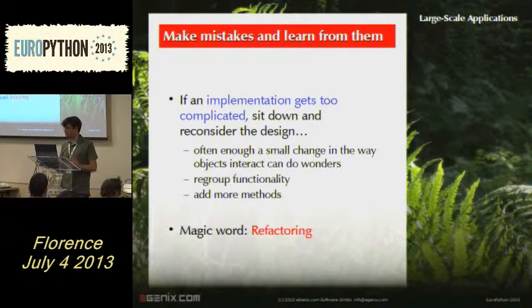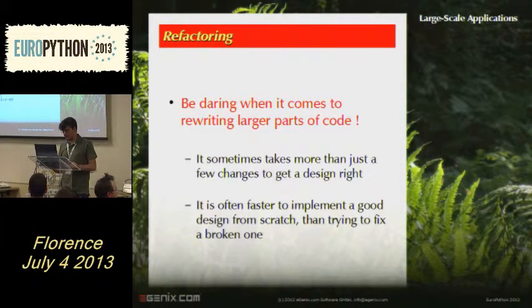Sometimes a small change can help you fix that. Sometimes you can regroup things in a different way and it'll work out. But I'd say that in many situations you just have to sit down with the old code and just rewrite it completely from scratch using a better kind of approach, a better design.